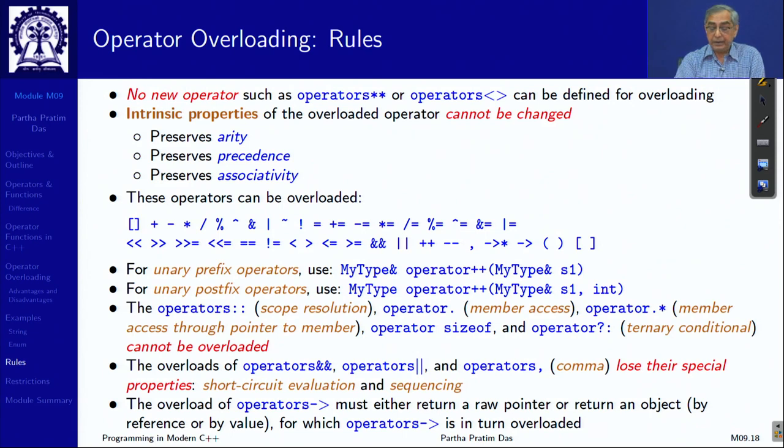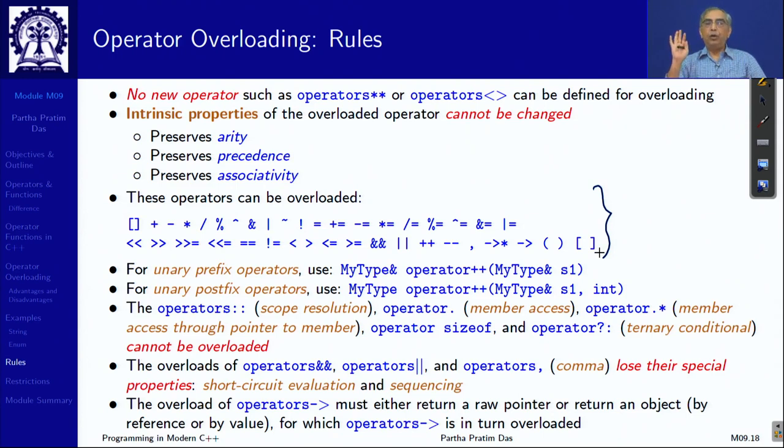Now, these are the operators that can be overloaded and they are given in the order of their precedence. You will not be able to remember that, so look it up or use parentheses when you have confusion.